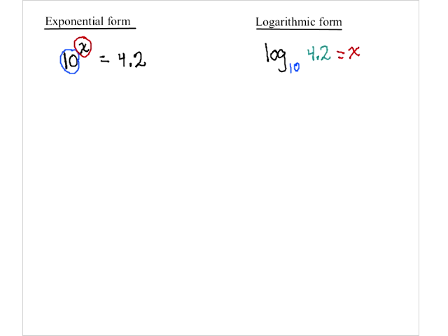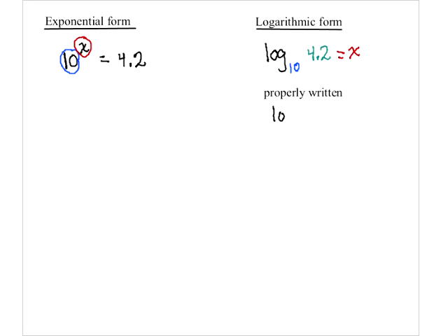Now, the one thing that I wanted to remind you of is that when the base is 10, we don't need it. So this is properly written, let me type that out, as log with no base, because it's understood to be base 10 when there is no base.